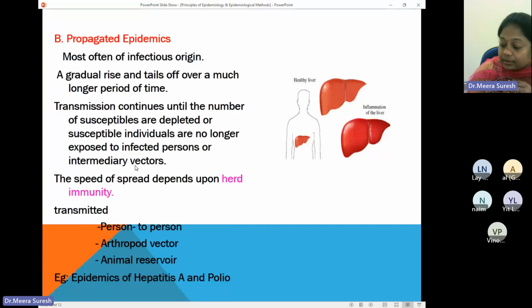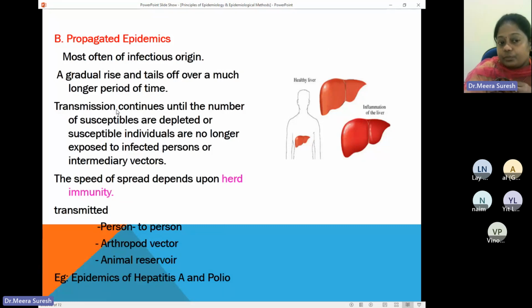It was mostly adults and old age people, the comorbid people, who were getting affected. However, because all of us were susceptible, the lockdown was brought in so that our exposure to the infected persons was reduced.